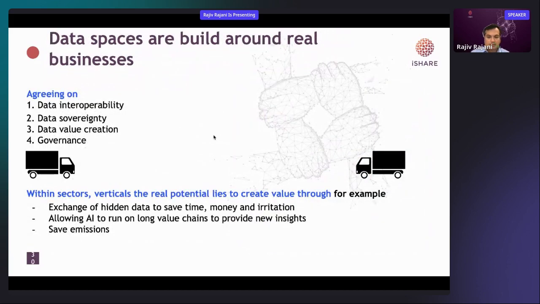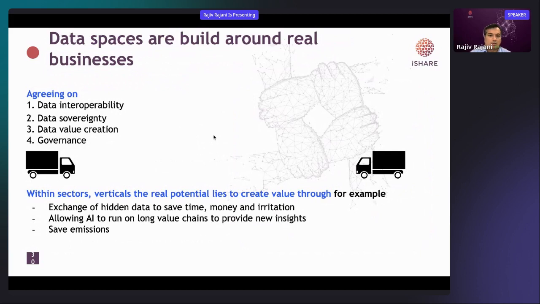Data spaces, of course, need to be built around real businesses. It's not a vague concept, but actual reality, where in terms of businesses, you need to agree on certain elements like interoperability, sovereignty, value creation, and governance.